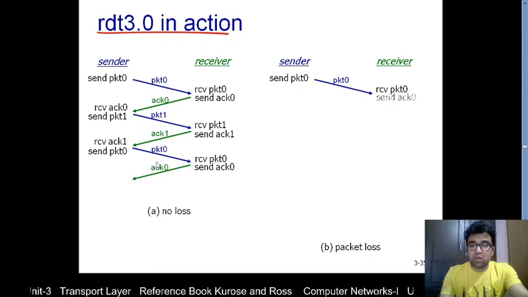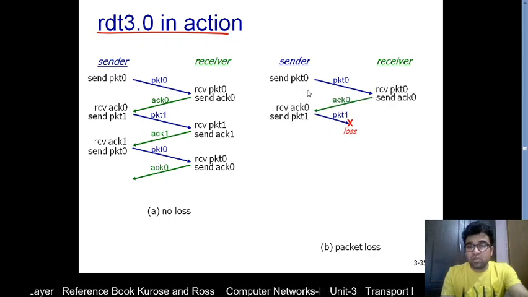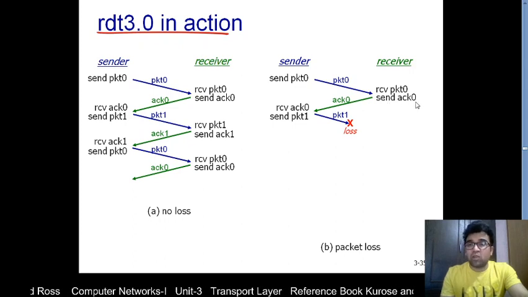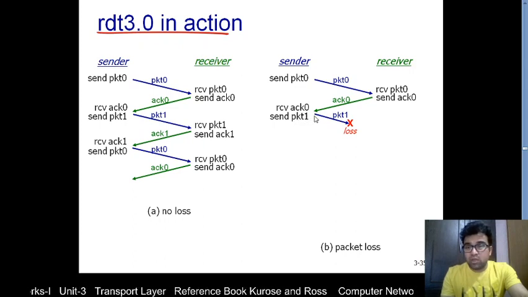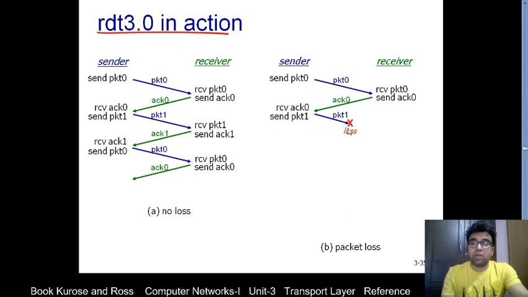Now we see our second case, in which there will be a loss of data. The sender sends a packet to the receiver. The receiver receives this packet, creates an acknowledgement for it, and sends it back to the sending side. And now you can see the sender is sending its next packet with the sequence number 1, and this packet is lost during the transmission.